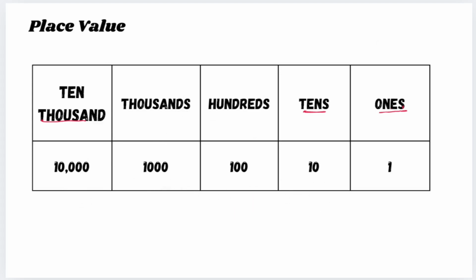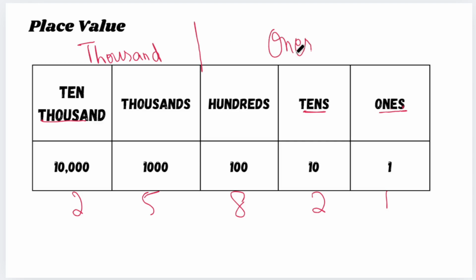The example I have given is 25,821. How do you pronounce this? This 2 is in the place of thousand, so this 3 we call it as ones.